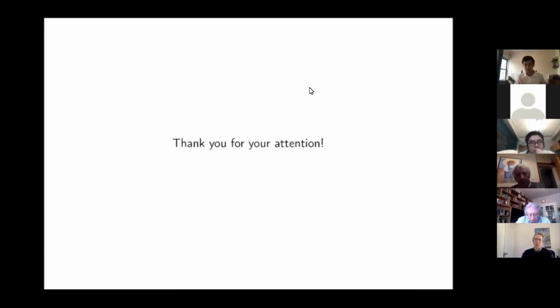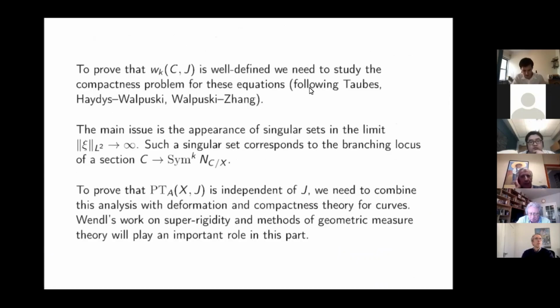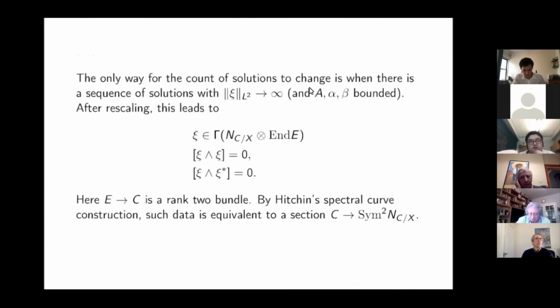Do these vortex equations have an algebraic geometric interpretation in the algebraic case? Yes.